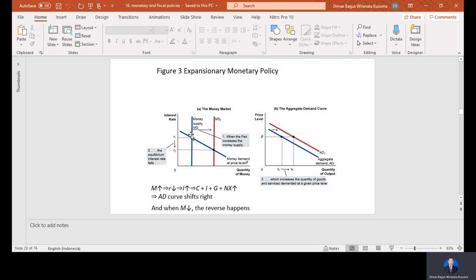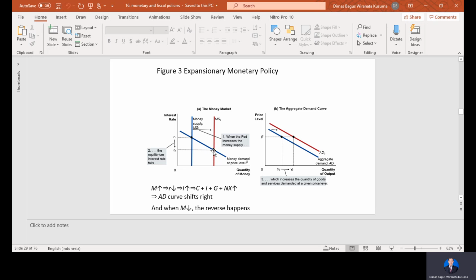You have the initial equilibrium of money supply and money demand here. Under these conditions, you have the equilibrium of the price level here, and the equilibrium of output Y1. And once the money supply increases to the right, the interest rate falls, and the quantity of money demanded increases here.